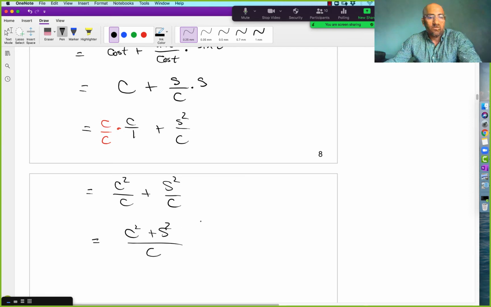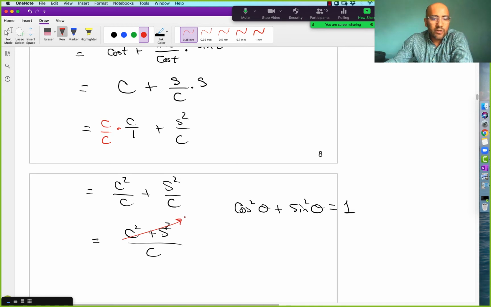And we know that cosine squared theta plus sine squared theta is equal to 1. That's one of our identities. So we can reduce this to just be a 1. And so this just becomes 1 over c, which is 1 over cosine of theta, which is equal to secant of theta.